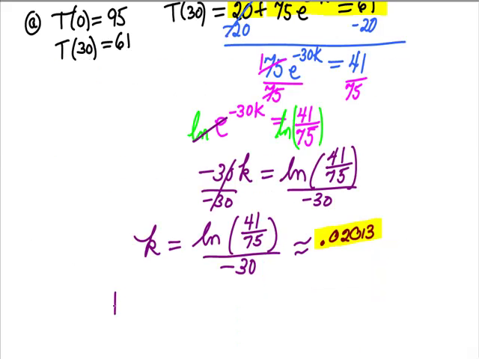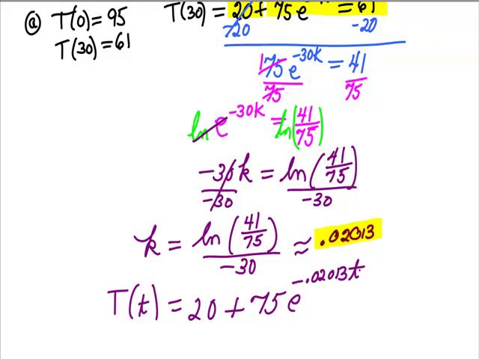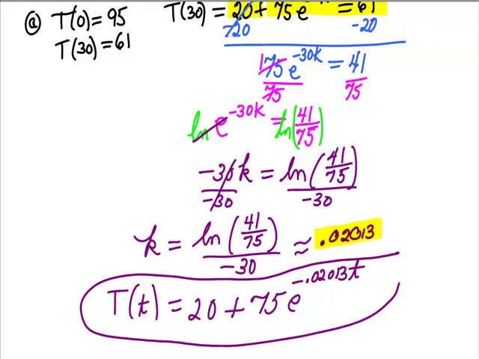So the equation becomes T of t is 20 plus 75 e to the negative 0.02013t. This is the temperature of the cup of coffee in that room at any time, starting from 0.